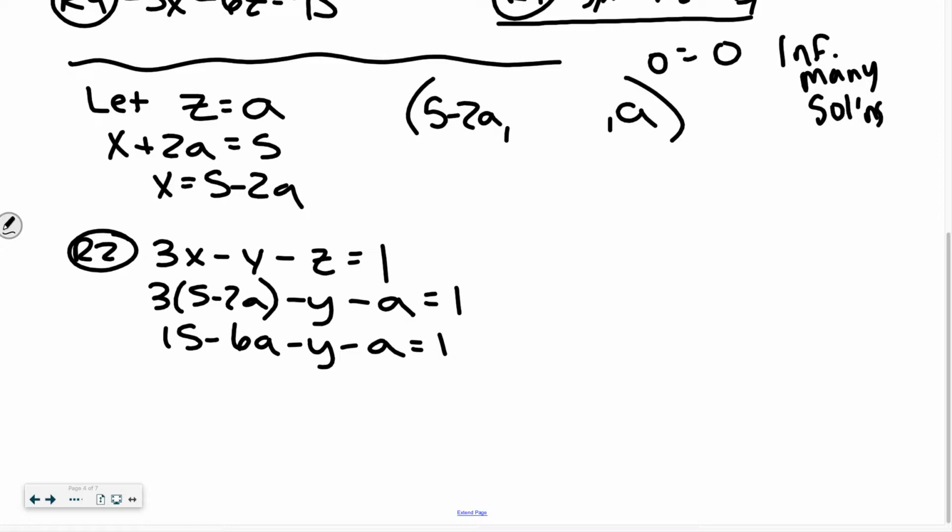And again, just stop yourself. What are you solving for? Y. You want the numbers that go into the ordered triple, x, y, z. So we're trying to find that y spot. So now we want to get y all by itself. I'm going to add the y to the other side if you're okay with this. So this is 15 minus 7a equals y plus 1. And then subtract my 1. So y equals 14 minus 7a.